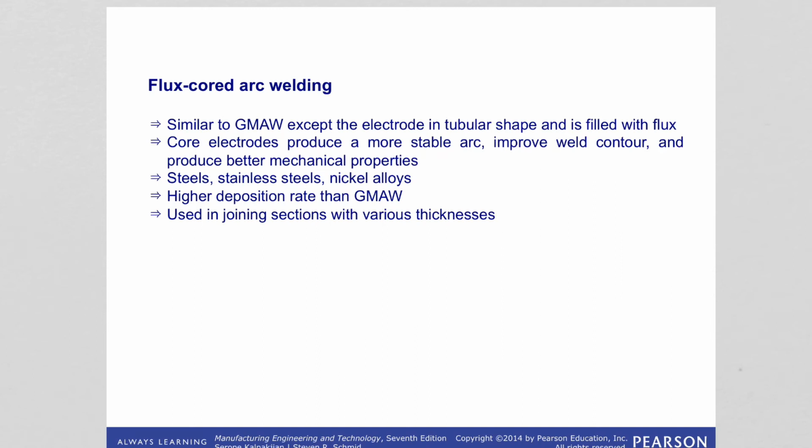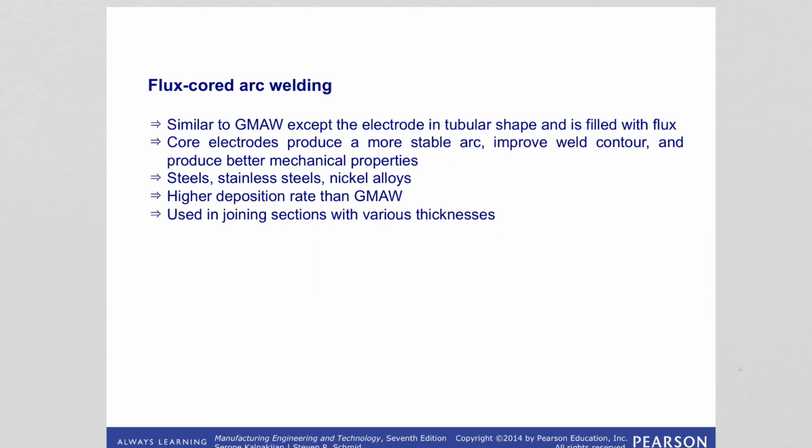So when the arc is established, the vaporizing flux again produces a protective atmosphere, and molten material forms an insulating slag layer over the weld pool. Of course, this slag will require subsequent removal.